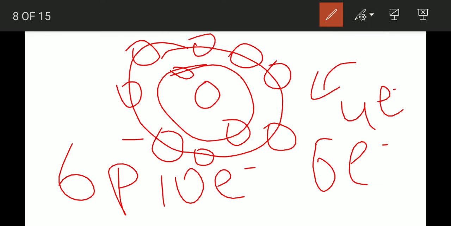It would be difficult for this nucleus to hold 10 electrons. It has 6 protons, and 6 protons can hold only 6 electrons. Okay, they can hold 7 electrons, they can hold 8 electrons, hardly they can hold 9 electrons. But 10 electrons would be impossible for the nucleus with 6 protons.